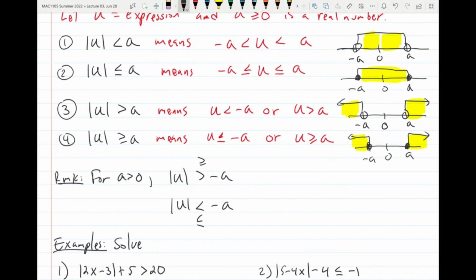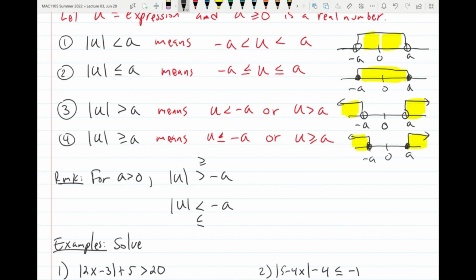U is an expression, okay? It's gonna be less than. What's the conclusion? That's always true. Very good. Remember, when you do absolute value of something, that's always 0 or bigger, right? Regardless of what's going on inside, the moment that we're taking absolute value, that will never be negative. It's always positive or 0.